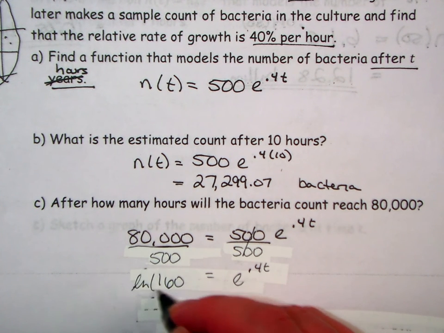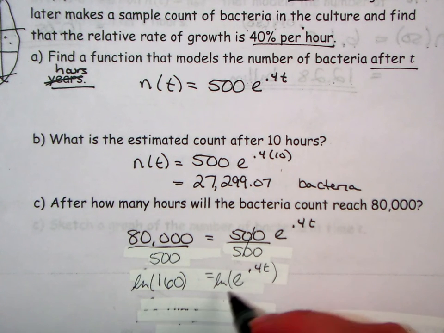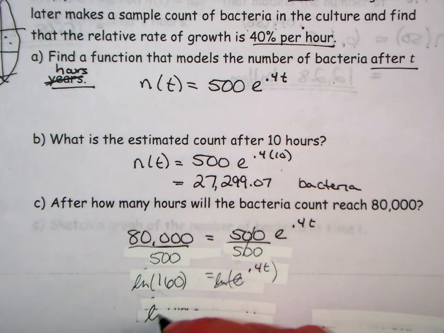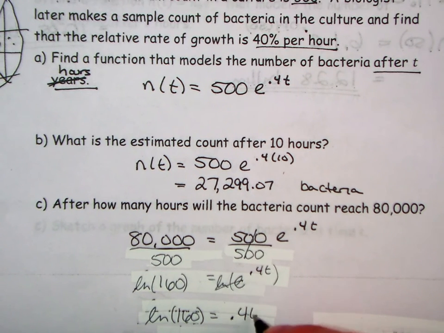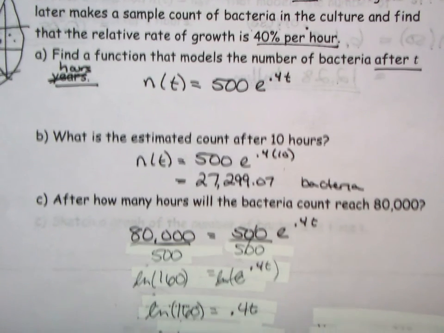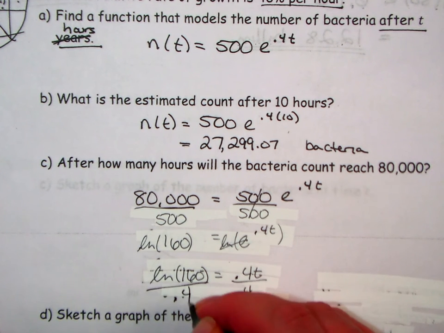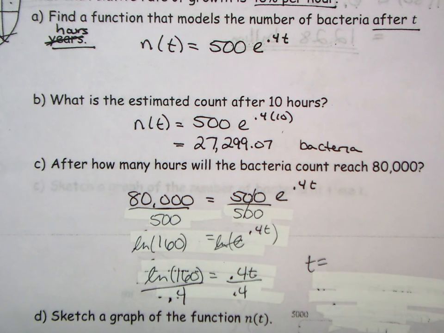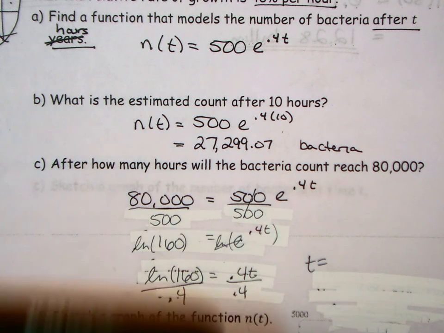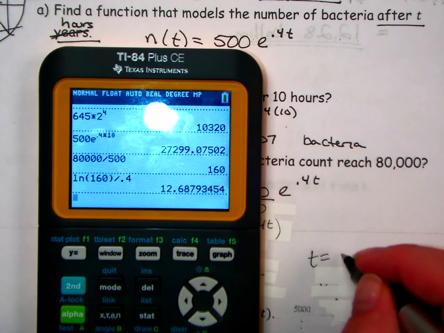So I'm going to ln it at this point. And since the base here is e, it's just going to cancel. So I get ln of 160 equals 0.4t. And then to solve for t, I just need to divide both sides by 0.4. Right, so I'm going to get a t value, ln 160 divided by 0.4 is 12.68.